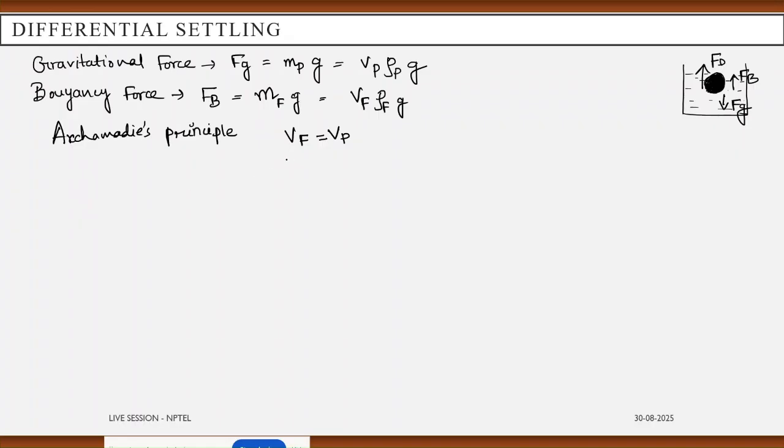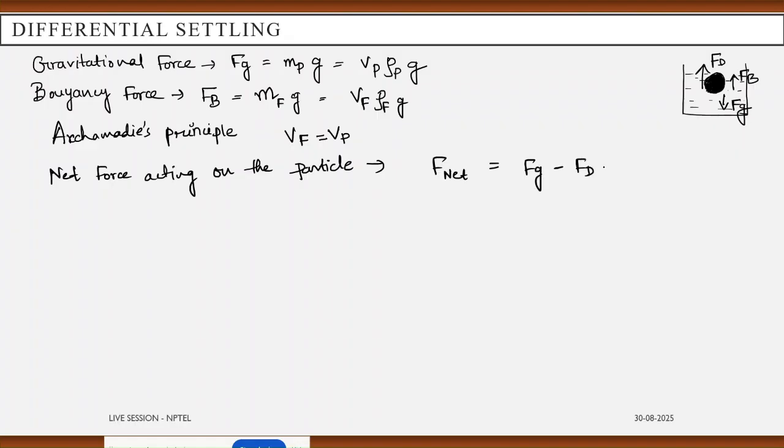So the net force acting on the particle, that will be F net equals to Fg minus Fd minus Fb.